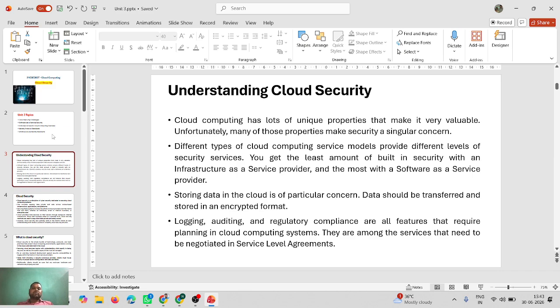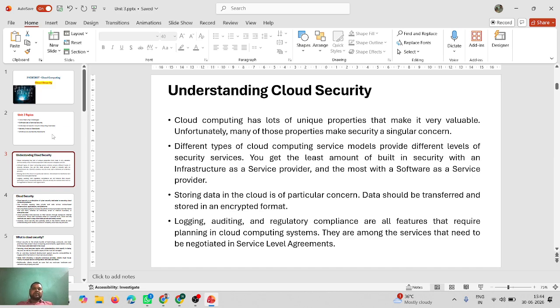So many of those properties make security a major concern for any cloud service environment, right? Different service providers or different service models provide different levels of security, right? So depending upon your service provider, your security standards or security mechanisms will also differ, right?